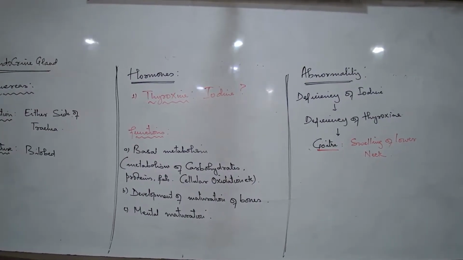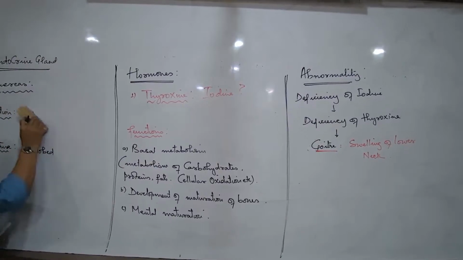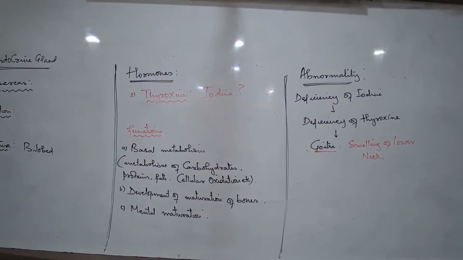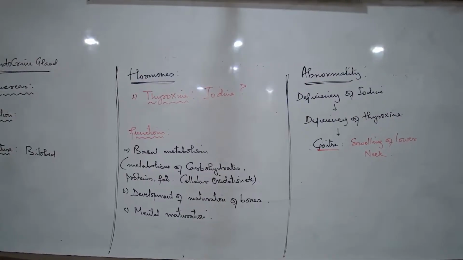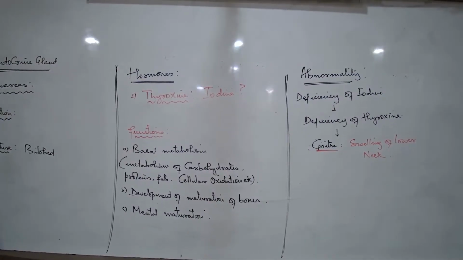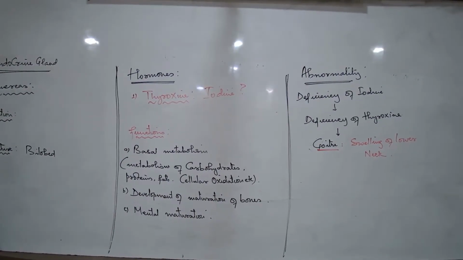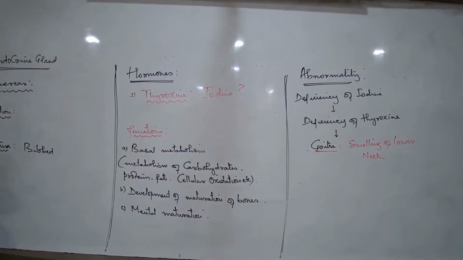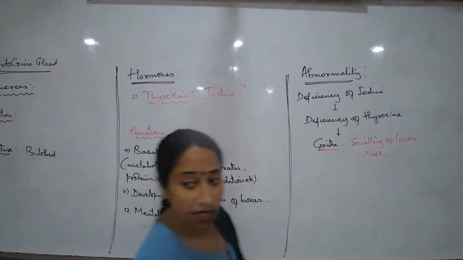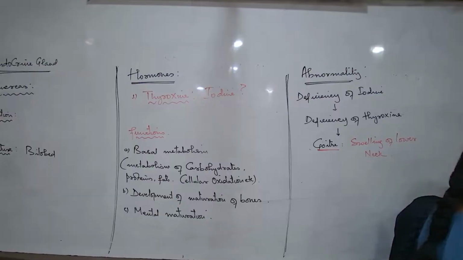First of all, the location of the gland. What is the location seen here in that figure? I am showing you the correct location of the pancreas. In most figures, the pancreas is marked between the stomach and the small intestine, but actually it is behind the stomach.